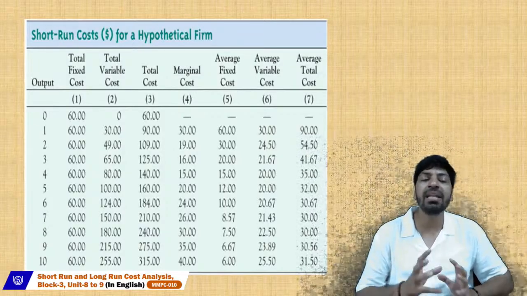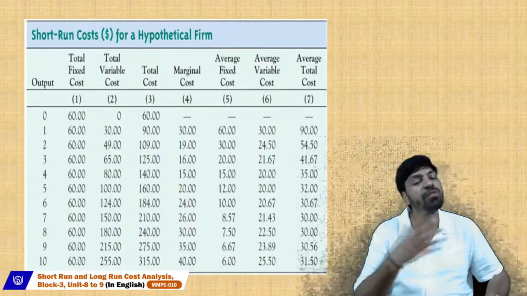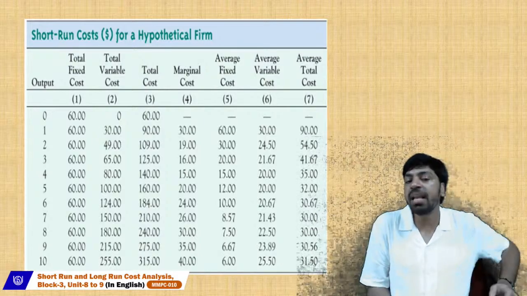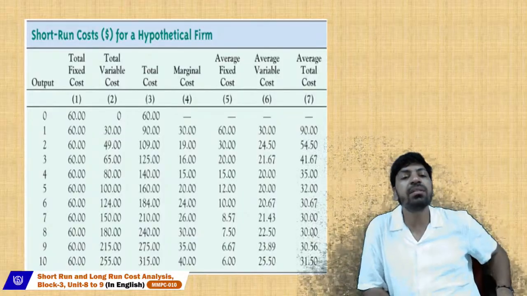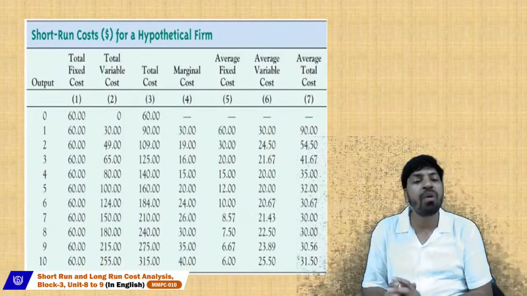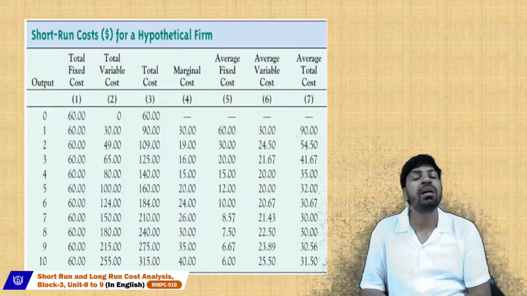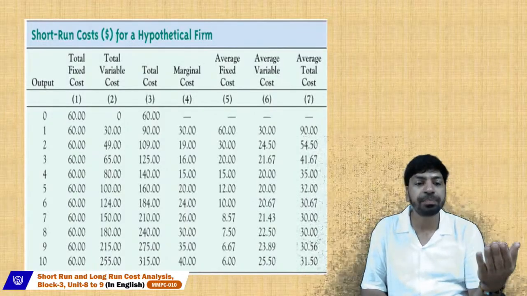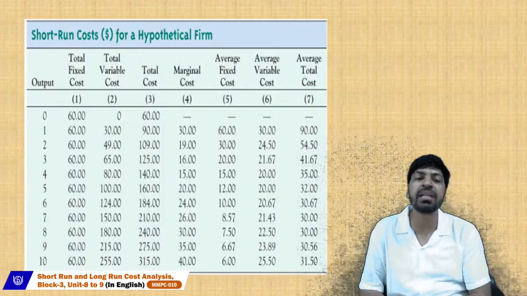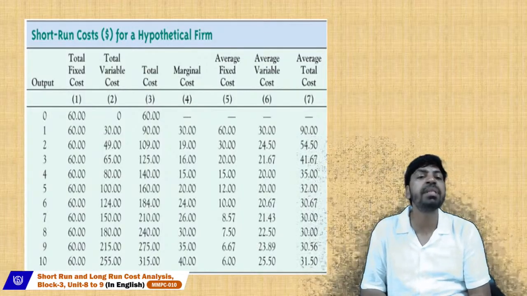When the present level of output is 2 and the previous level is 1, the total costs are 109 and 90. So how to calculate the marginal cost? It's 109 minus 90, which is 19. Now for the third level of output, 125 is the total cost and the previous is 109. 125 minus 109 is 16.